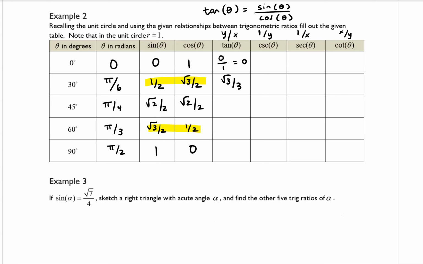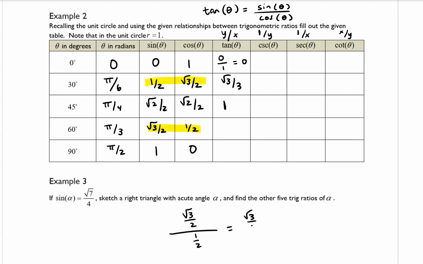And for tangent of 45 degrees, that's going to be the square root of 2 over 2 divided by the square root of 2 over 2. And those are the same numbers, so if you divide them, the result is just going to be 1. And for tangent of 60 degrees, that's going to be root 3 over 2 divided by 1/2.